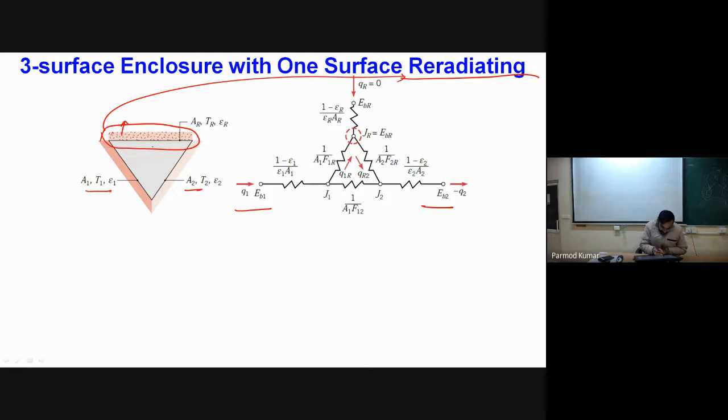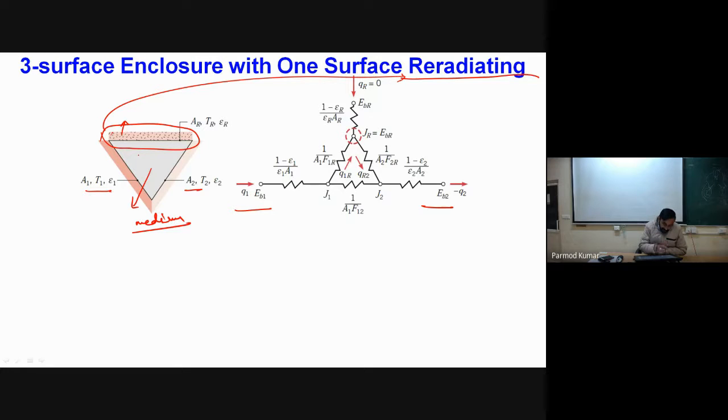Within the medium also, we are considering that convection is negligible, and the medium is not participating in heat transfer. Only radiation is taking place.